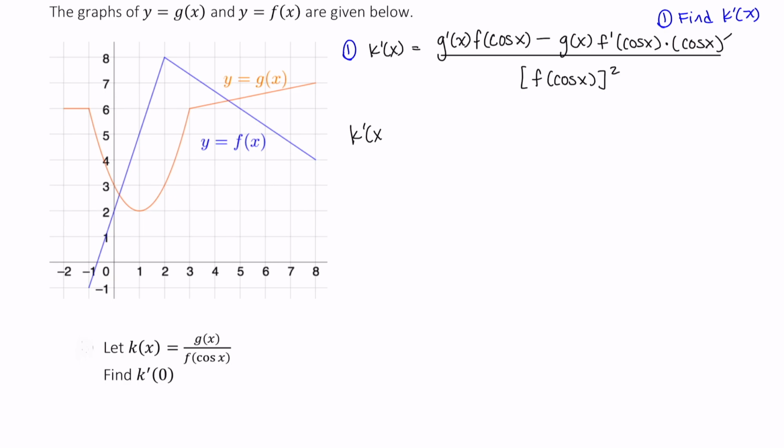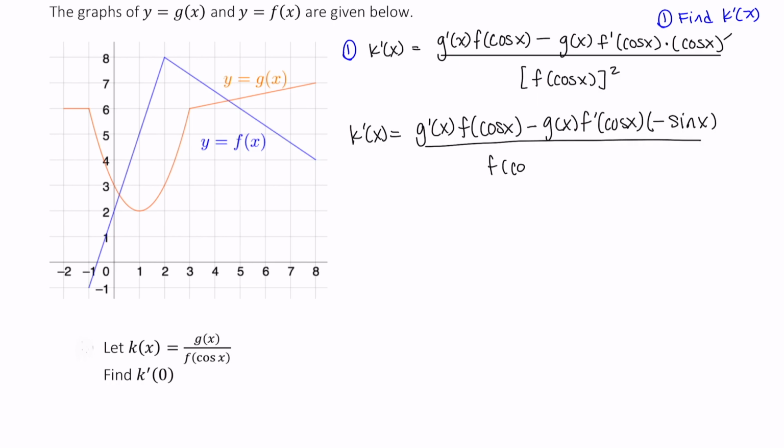So k prime of x is equal to g prime of x times f evaluated at cosine of x minus g of x times f prime of cosine x times the derivative of cosine, which is negative sine x, divided by f of cosine x quantity squared.